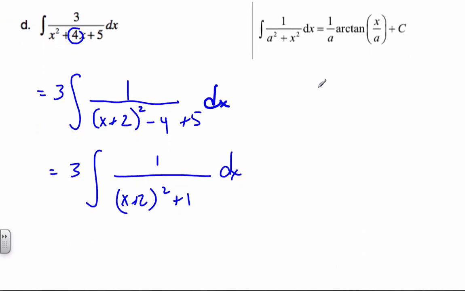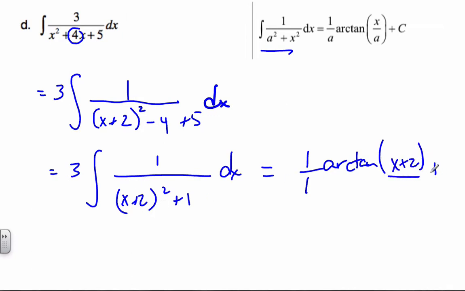Now, this is in the form of this because the order of adding doesn't matter. And so if I do the integration, my a value is the square root of 1, which is 1. Arctangent. Here is my x value, x plus 2 over 1 plus c, times my 3.